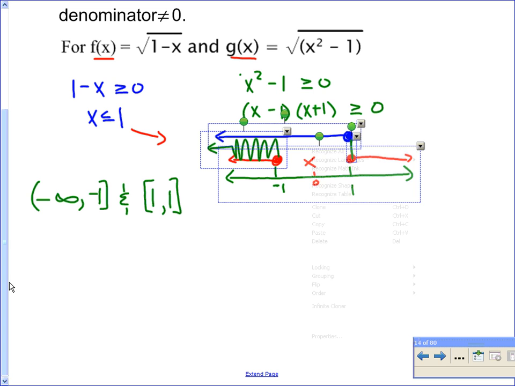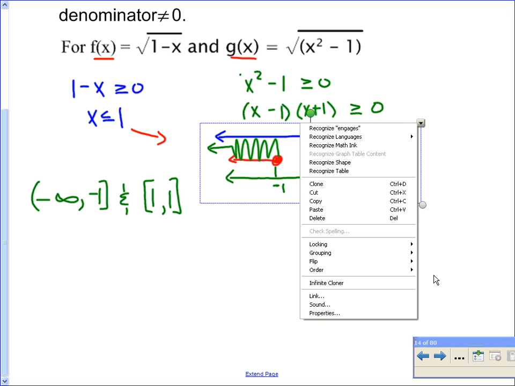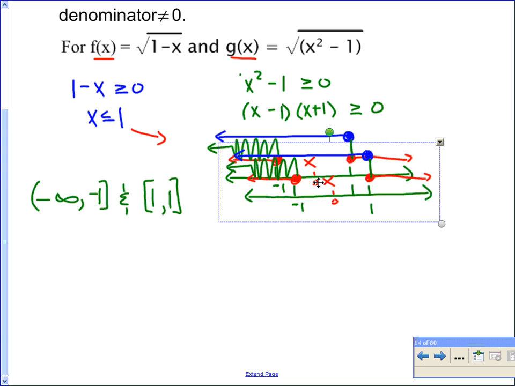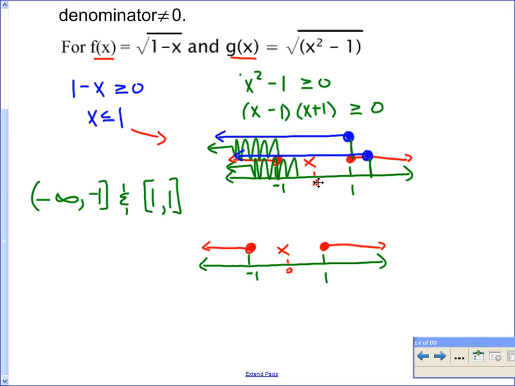And the way this is going to change, I'm going to duplicate it. So the g of x is the one that we have here in red.